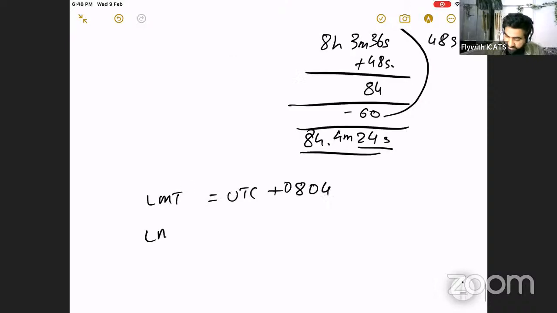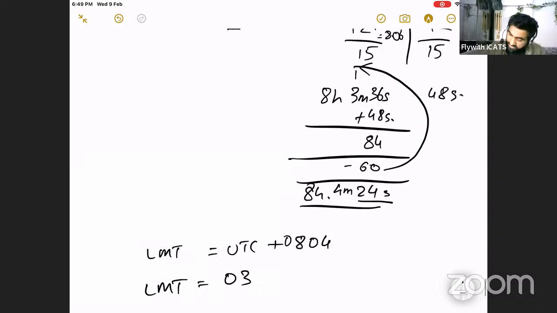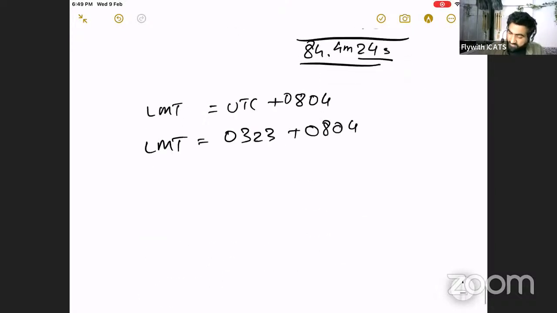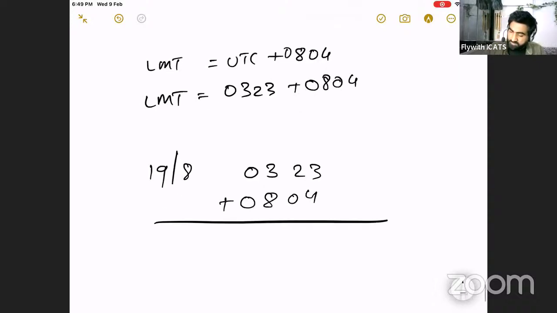Your UTC is given to you, that you found out: 0323 on the 19th of August plus 0804. So I get 11, 19th of August, 11 hours 27 minutes is the LMT at B.